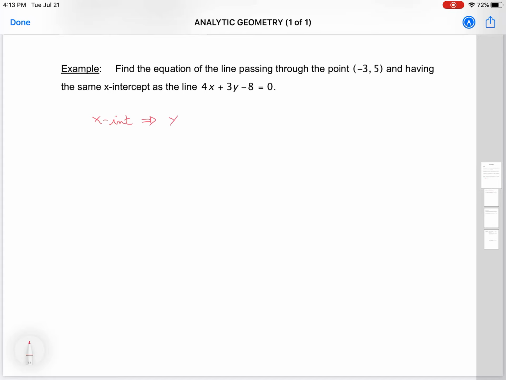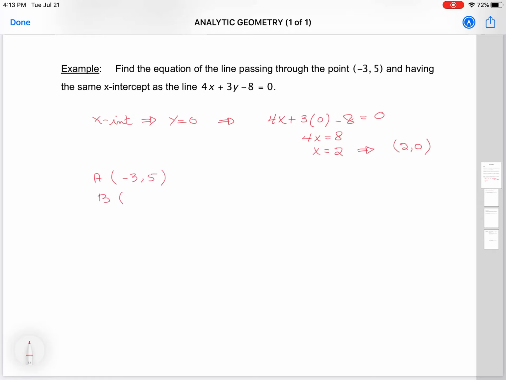To find the x-intercept, we simply replace y by 0 in that line. So we get 4x plus 3 times 0 minus 8, and that's just 4x is equal to 8, so x is equal to 2. That tells us that the x-intercept of this line is (2, 0).